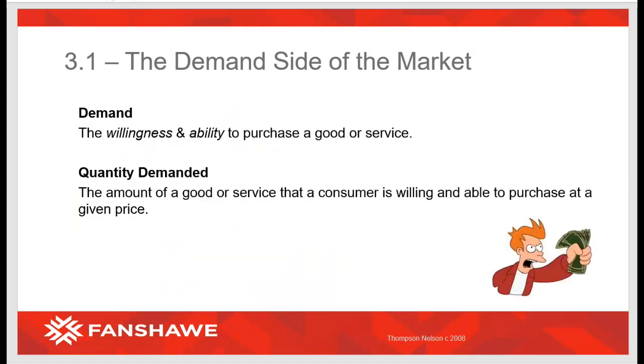So if we start on the demand side of the market, the first thing that we want to do is define what demand is. Demand, obviously, most of us know that it's us. We want to purchase something, so we have a demand for it. There's a certain amount of demand for the Tesla Cybertruck, right?